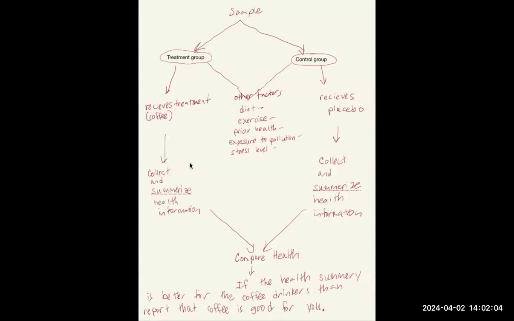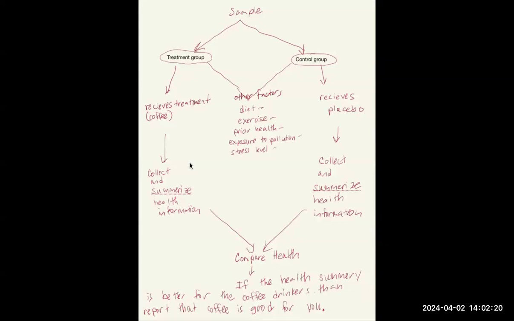Because at the end of this, we don't want to hear, well, the treatment group was healthier at the end of this experiment, but we think it's because they actually exercised more, not because of the coffee.